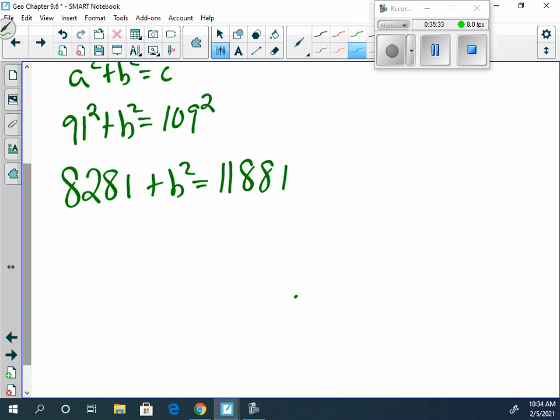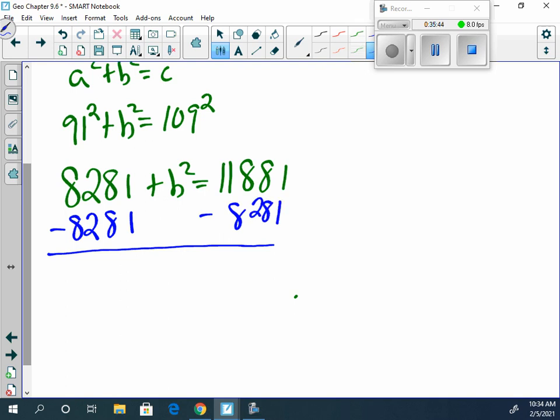So what do we need to do to get b squared by itself? Subtract 8,281 from both sides, which will give us b squared by itself.